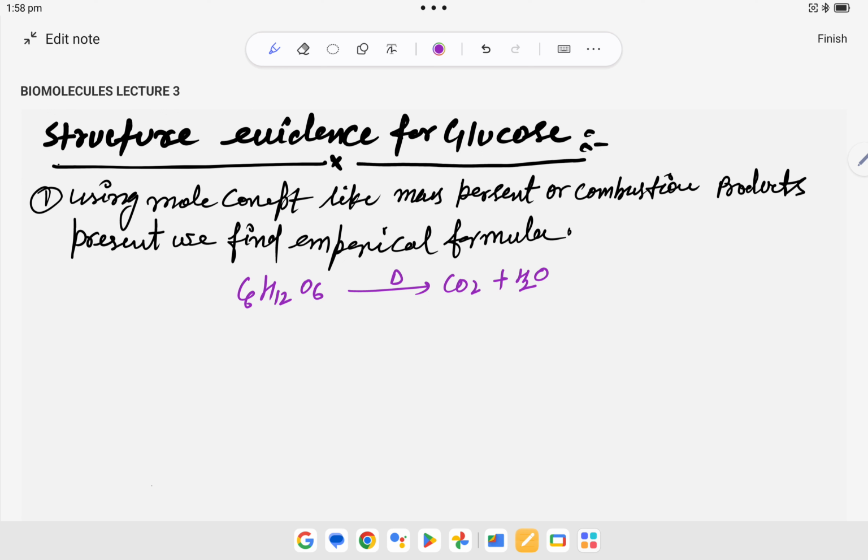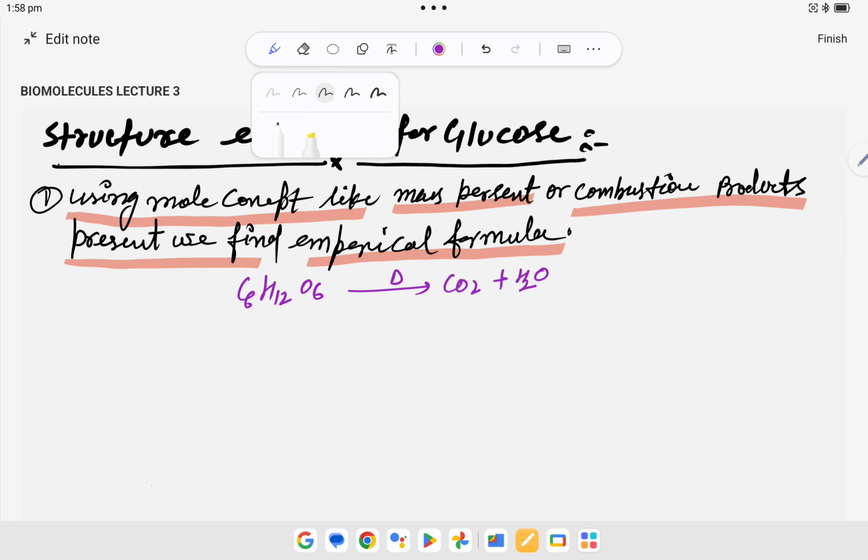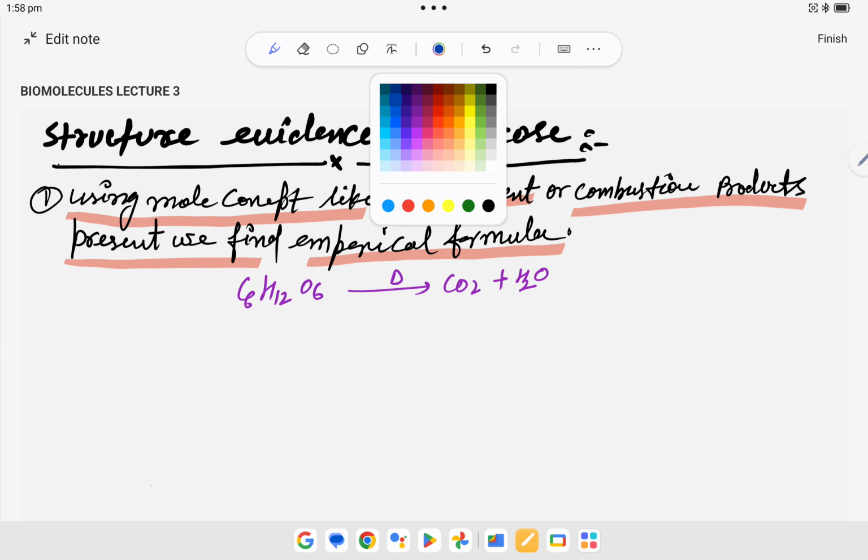So if we are talking about the structure, using mole concept, like mass percent or combustion product present, we find the empirical formula of the glucose. So that is the first point in the case of evidence. Second point.